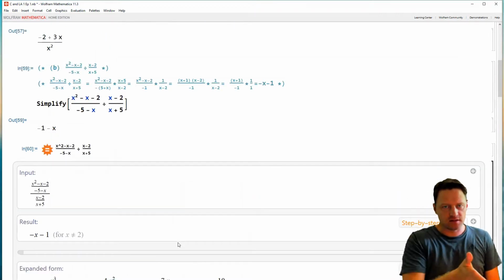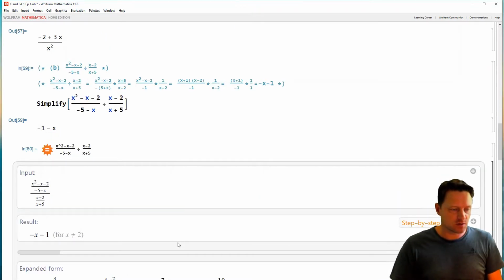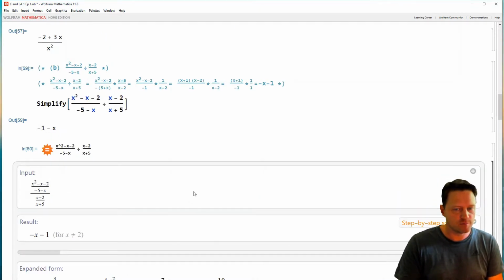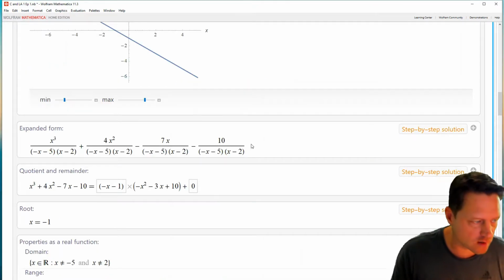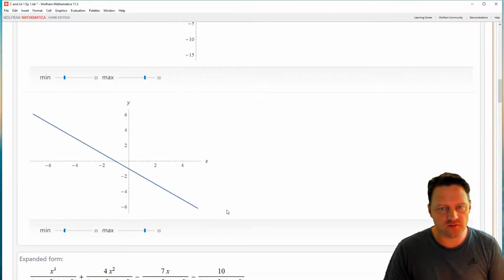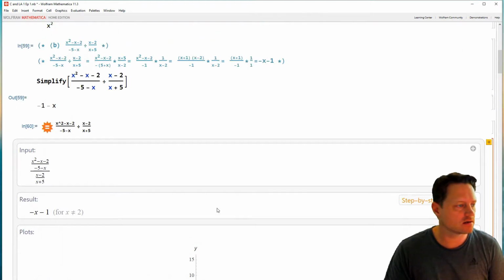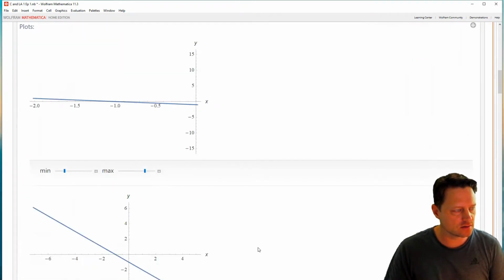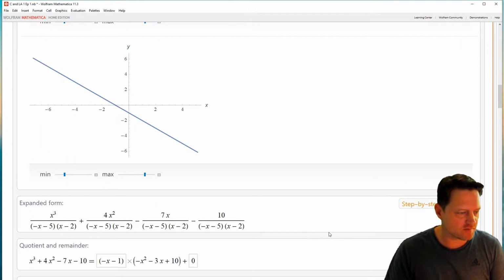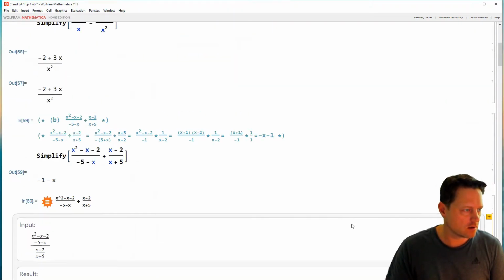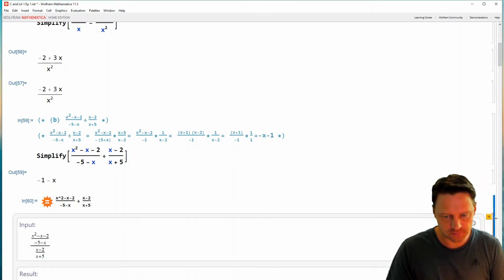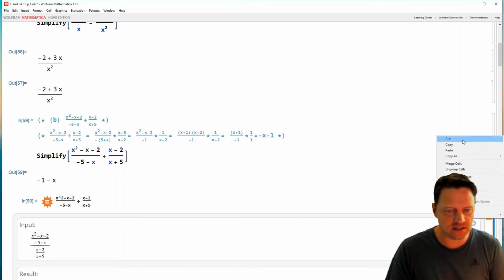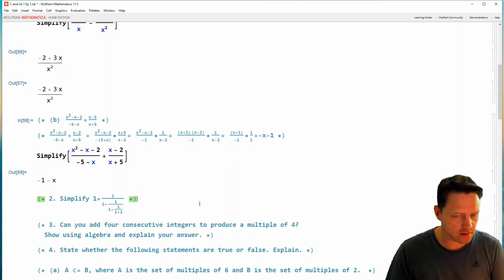You might have to have the divide sign, but this seems to work anyway. All right, but my advice is type it in a way that's compatible for Wolfram Alpha to read. And so you get all the step by step and some graphs. Maybe a little bit too much to look at.